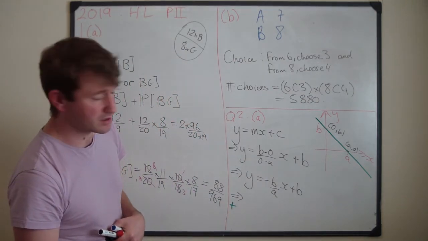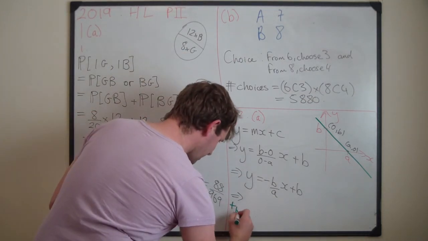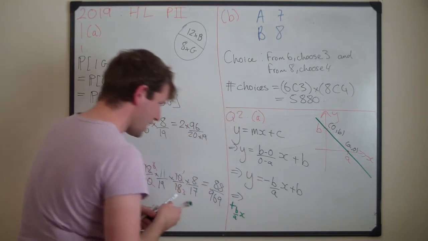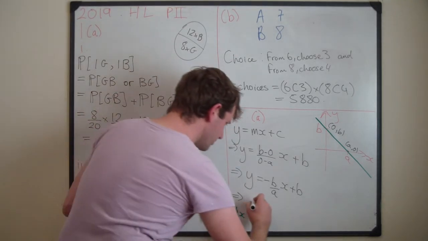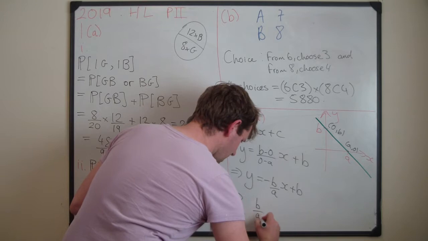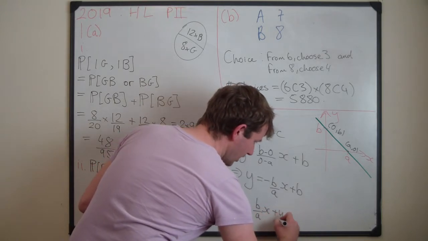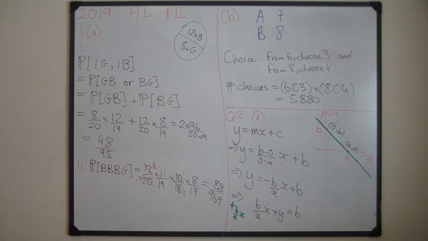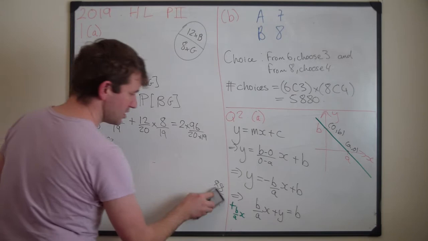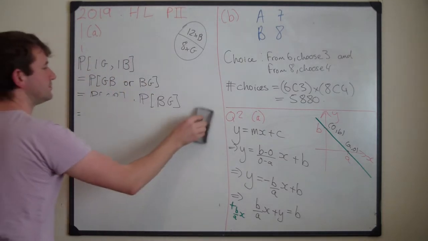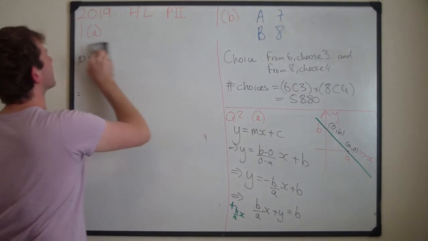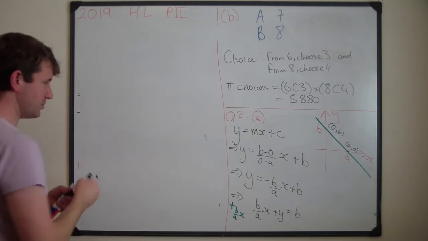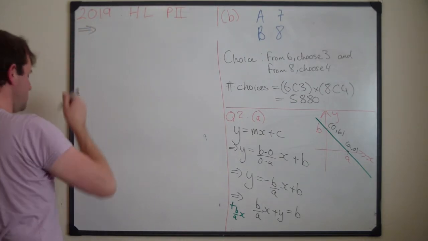I would end up with b divided by a times x plus y is equal to b. And here it should be reasonable enough to see that if you divide both sides by b, you'll get what they're looking for. So divide both sides by b.